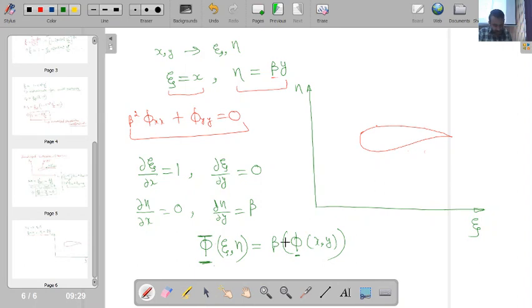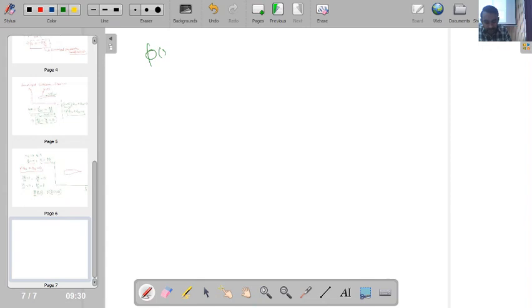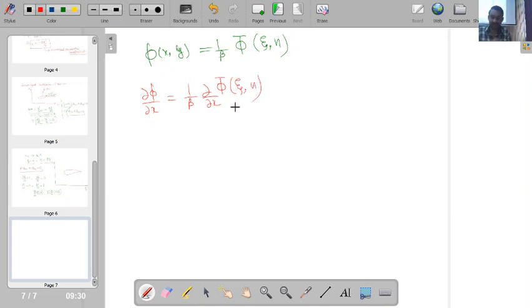So ultimately I can say that my phi in the xy plane will be equal to 1 by beta times phi bar in the zeta eta plane. Now if I have to calculate del phi by del x, that will be 1 by beta, which is constant, times del by del x of phi bar, a function of zeta comma eta.